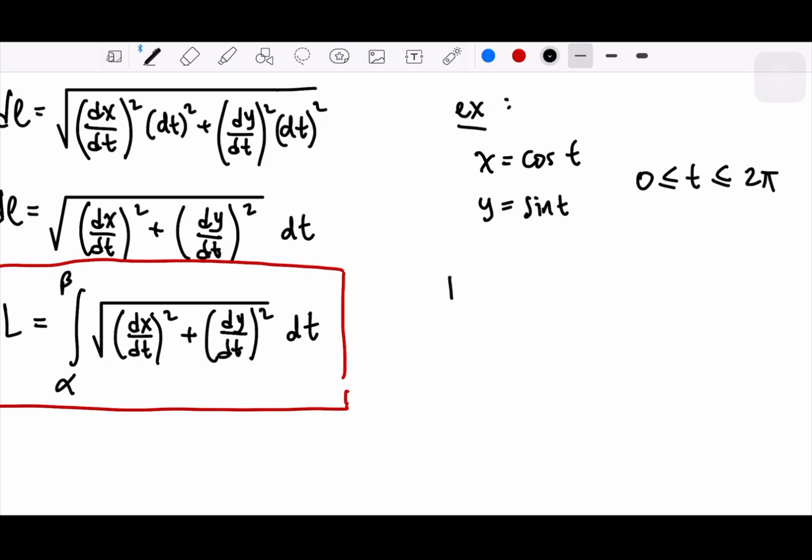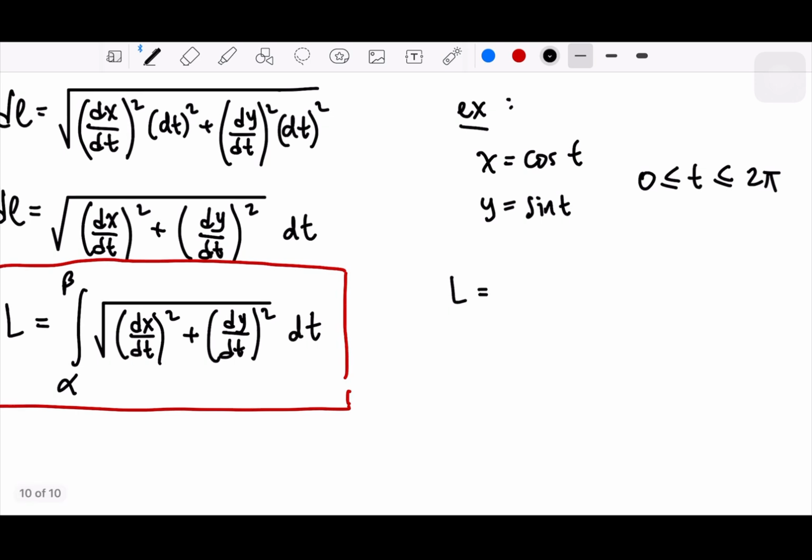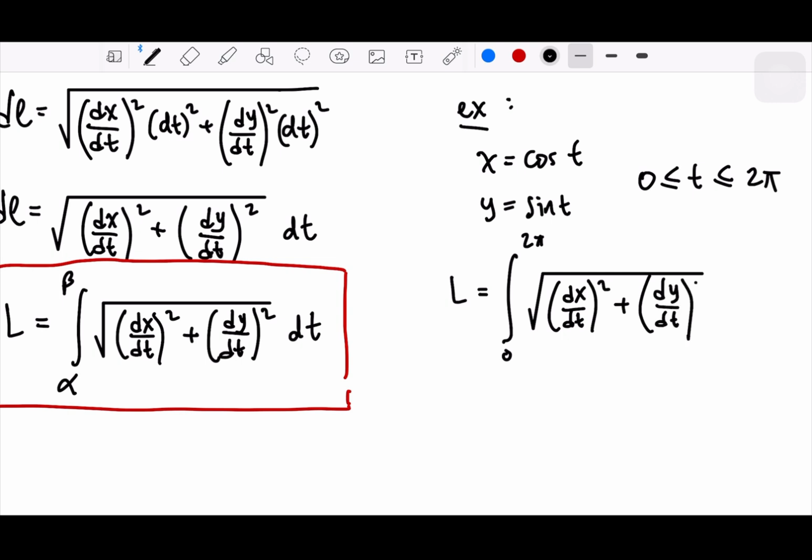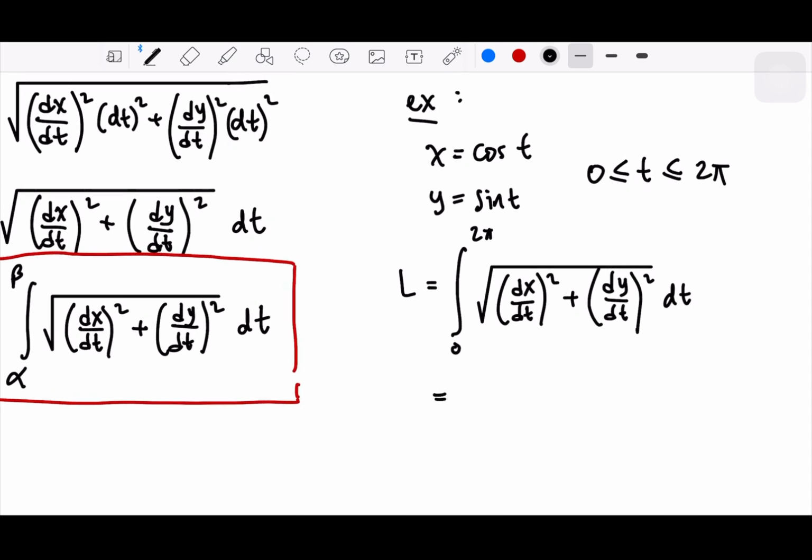If we take the arc length using the formula, this will give you sine squared t plus cos squared t, which is 1.